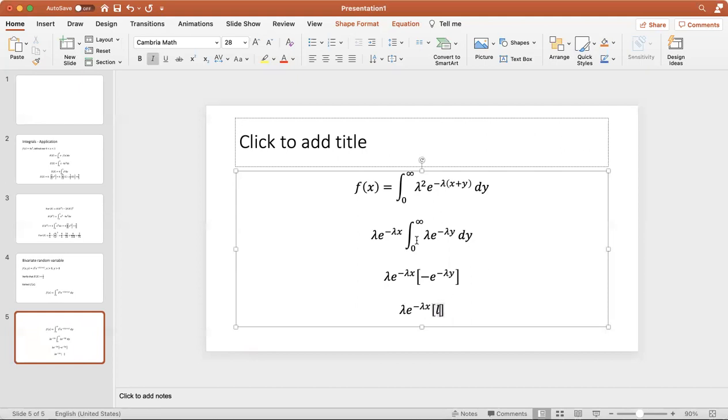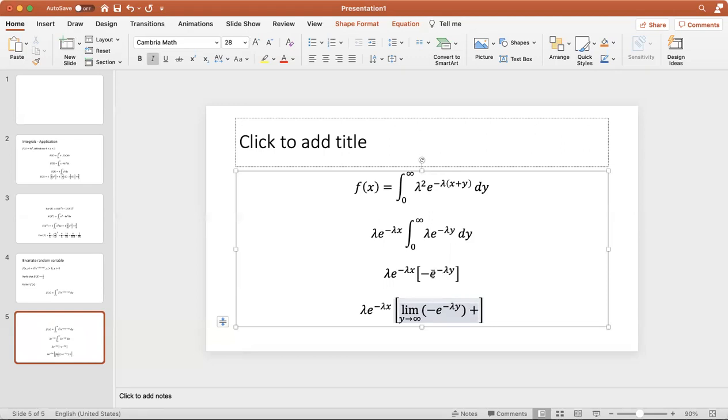So this is going to be the limit of negative e raised to negative lambda y as y approaches infinity, minus, and incidentally, this becomes a positive sign, because this is negative, you subtract another negative term, then this just becomes positive.